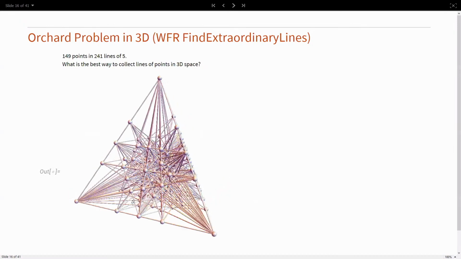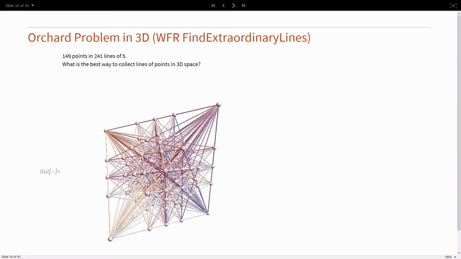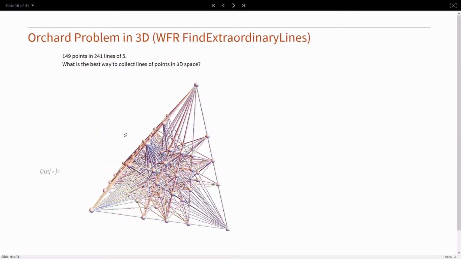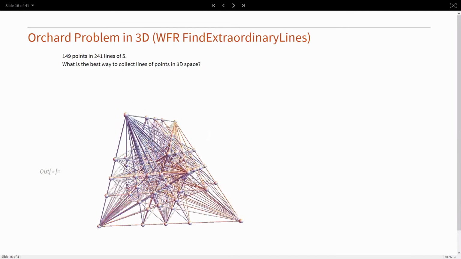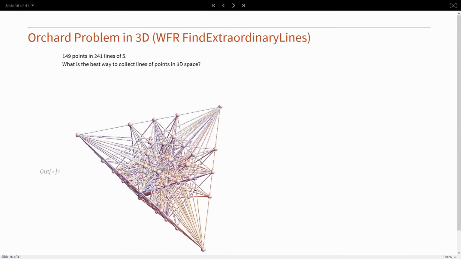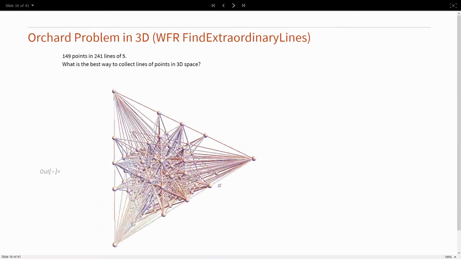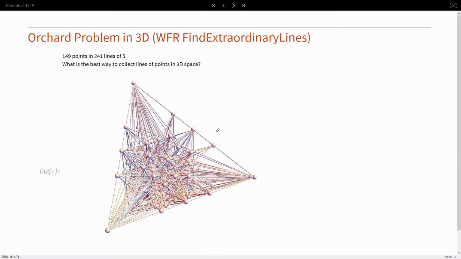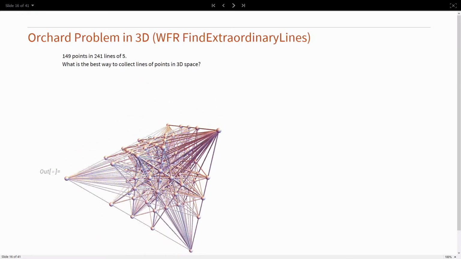We can go higher. What can we do in 3D space? So here's 149 points that give 241 lines of 5. I'm not sure what records are in this category, but this would be a difficult one to beat.